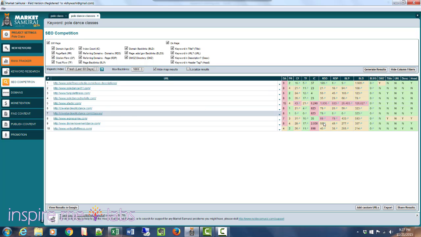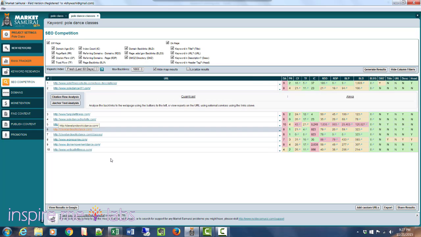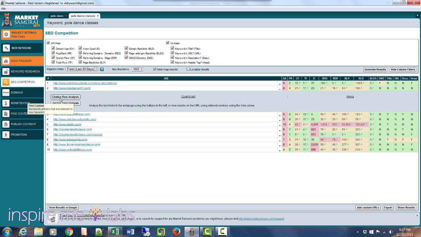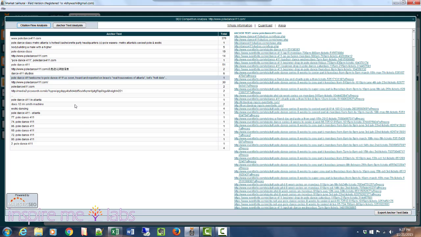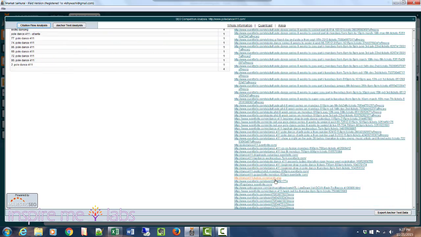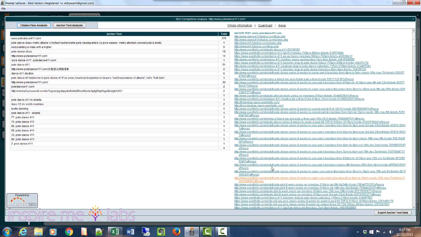Okay, if you click the down arrow, you can drill down a little more and analyze the anchors and the citation flow analysis of Majestic, which is proprietary data. You can get a quick overview of the kind of anchor links this site has.